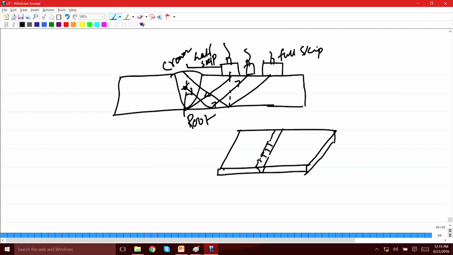Okay, so, this weld we are going to inspect, and you need to keep that probe first at the half skip. So, then it will go to the root, and then you have to move it to full skip as you do the inspection. Okay. So, for the entire weld you need to do this, you need to move in this fashion, you have to move from half to full and like this. Okay.